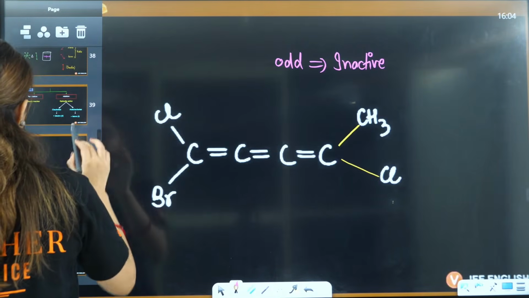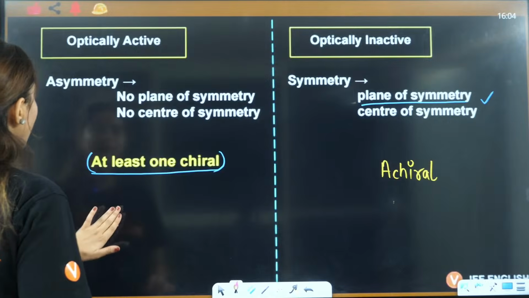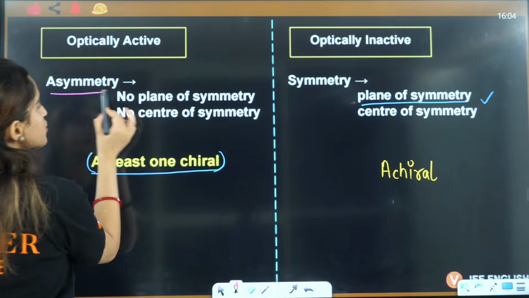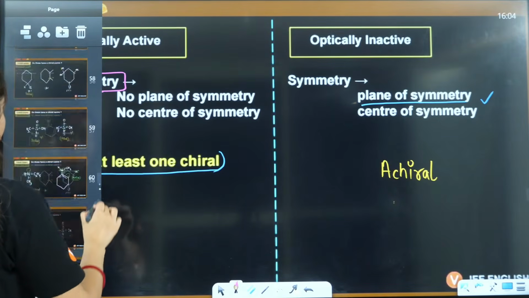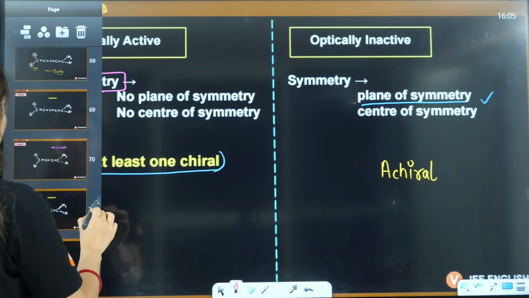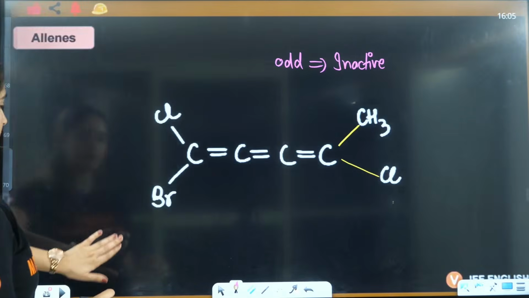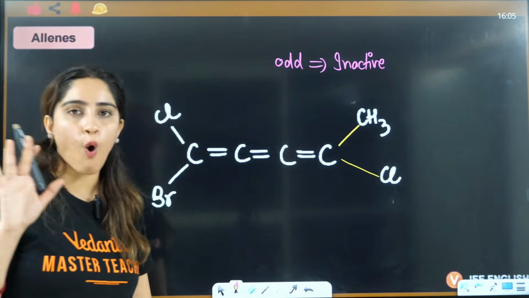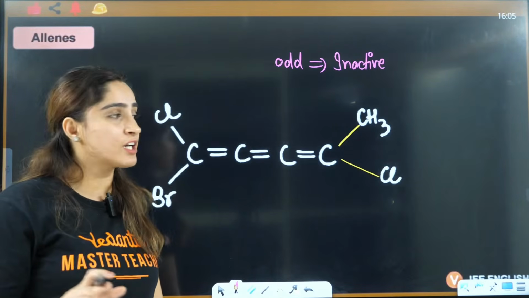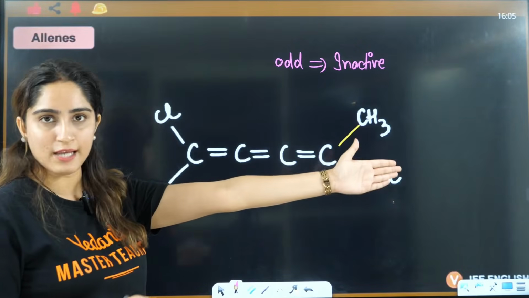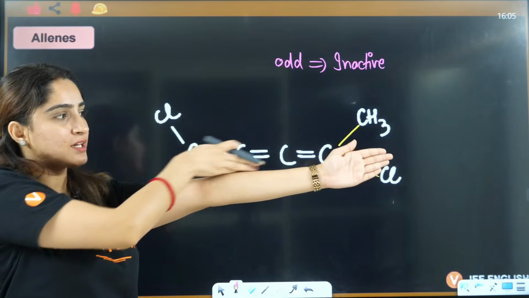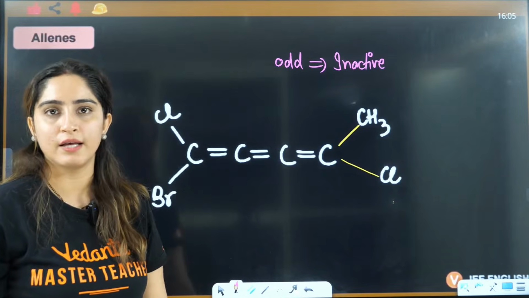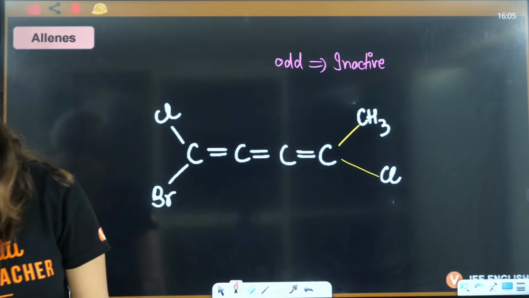Now one very important part here. I told you that for optically active there should be no symmetry, right? This we have discussed. Now see this. If there is odd, why is it always optically inactive? Because in odd they are always on the same plane. If they are on the same plane, there will always be a plane that will cut it into equal halves.